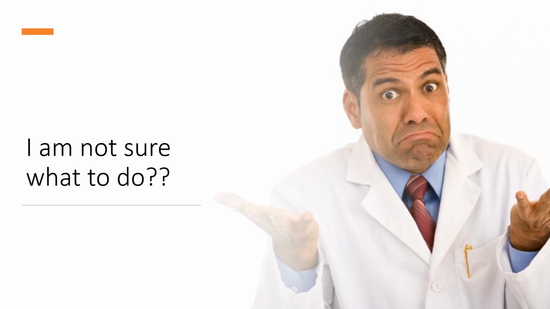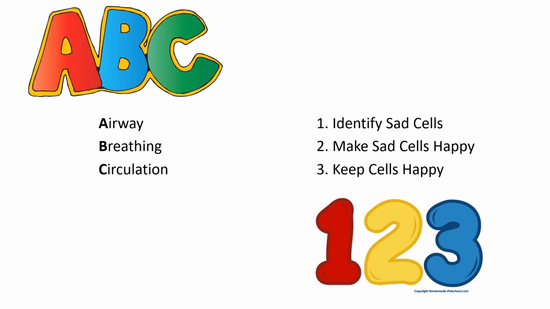So sometimes when we're taking care of patients, we get into situations where we're really not sure what to do. And this can feel a bit overwhelming, because a lot of times these patients have a lot of things going on and things can be very distracting, where we're not even really sure where to start with our patient care. So that's where the focus on that ABC 1, 2, 3 concept really does come into play. Using the ABC 1, 2, 3 method, we can apply this to the patient when we're not sure what direction to go or what's going on.